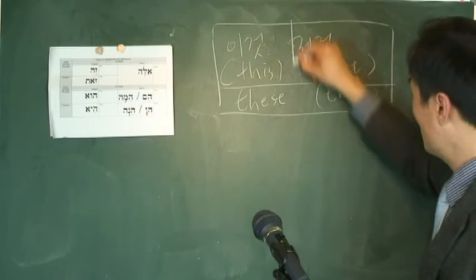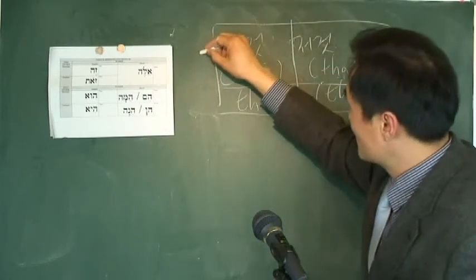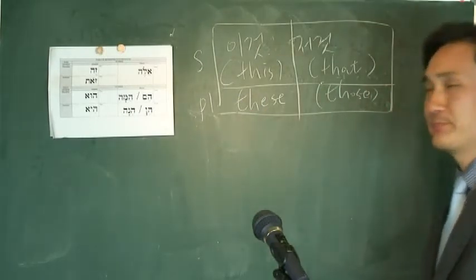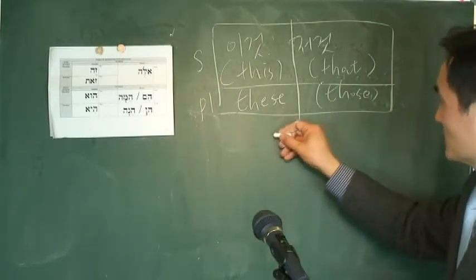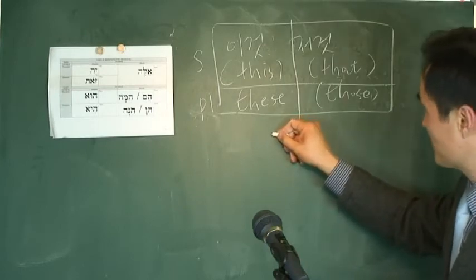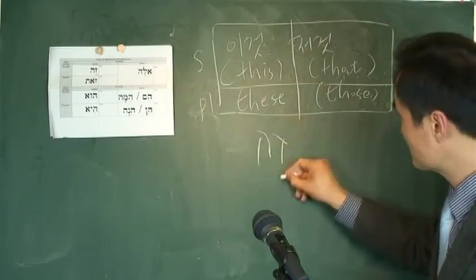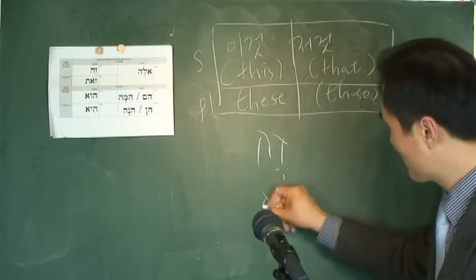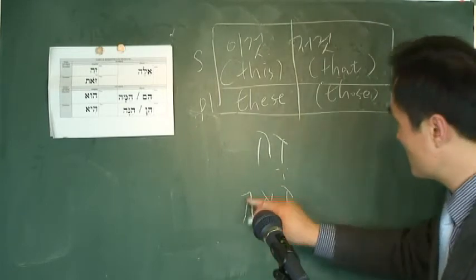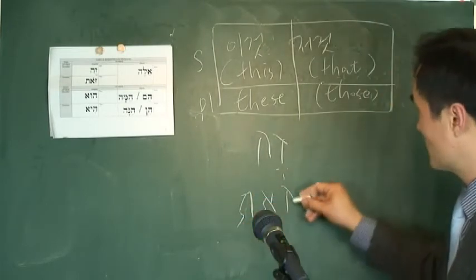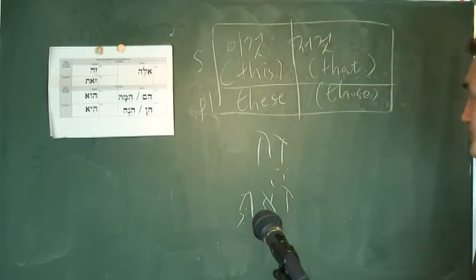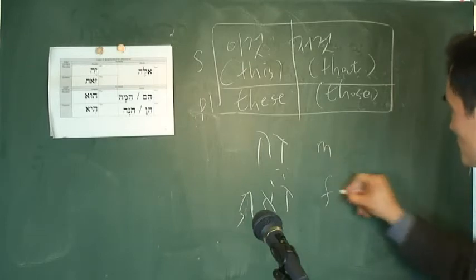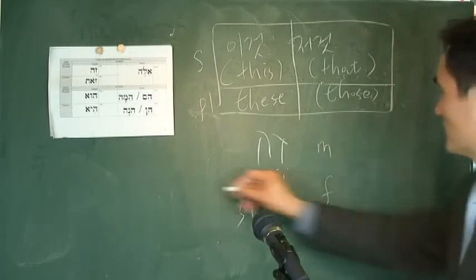Let's look at the singular and plural forms of this and that. First, this would be ze and zot. These are the masculine and feminine forms of this.